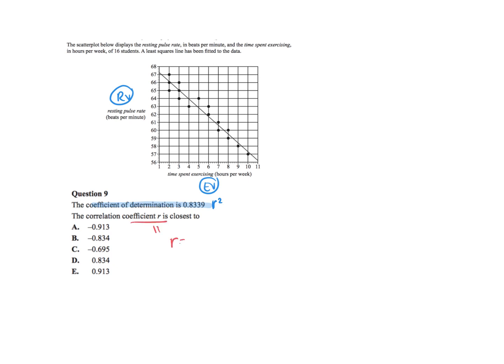So remember, R is going to be the square root, and it's going to be plus or minus 0.8339. Is it going to be positive or negative? Negative. Yeah, why? Yeah, good. Because the graph is negative, we're going to have a negative 0.913.